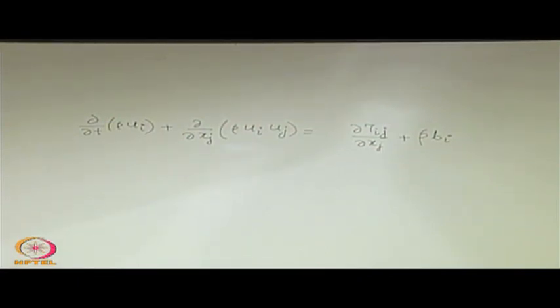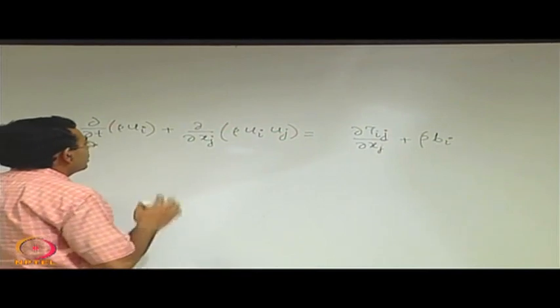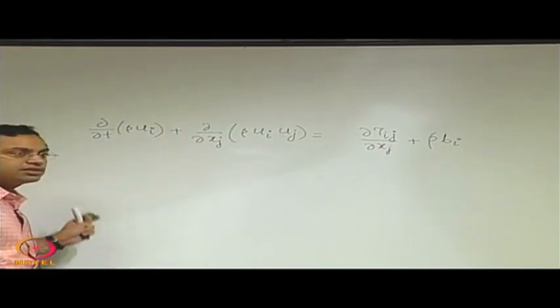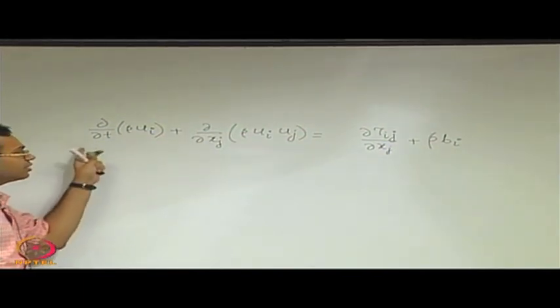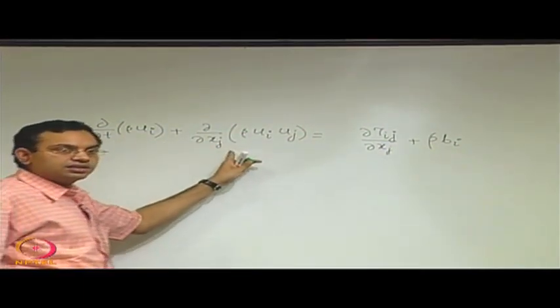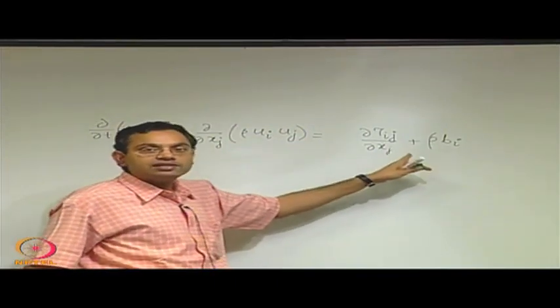We should keep in mind that here everything is written in the index notation. That means there are certain terms where there is an invisible summation. In which term there are summations? There are 2 terms in the left hand side and 2 terms in the right hand side.